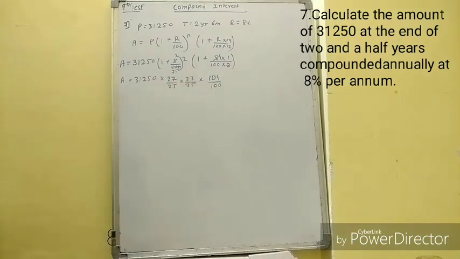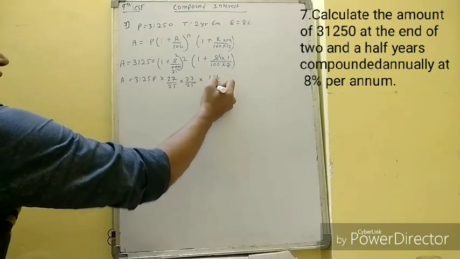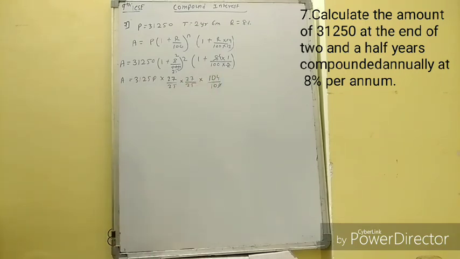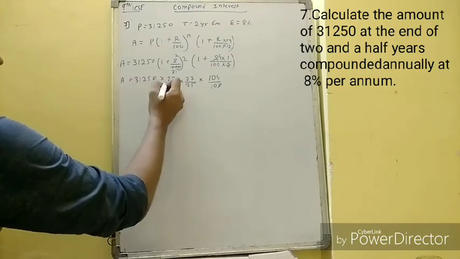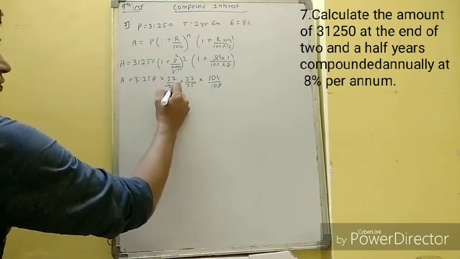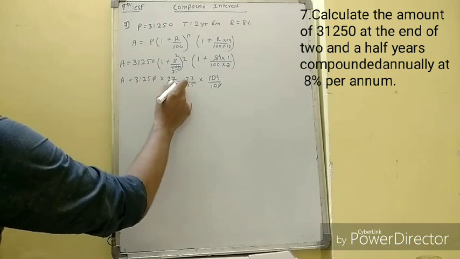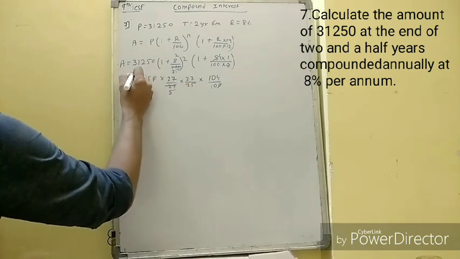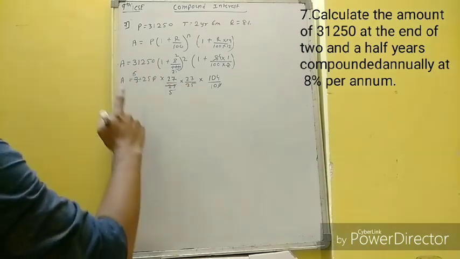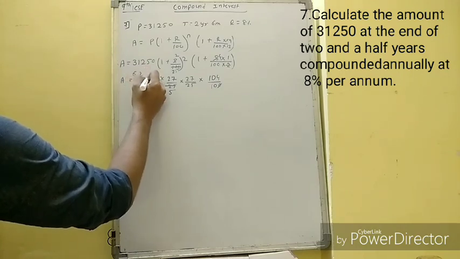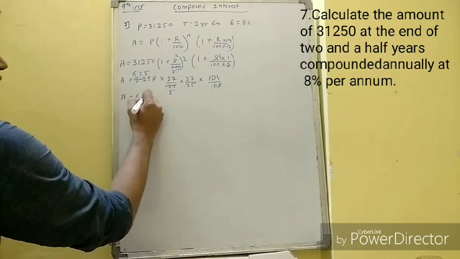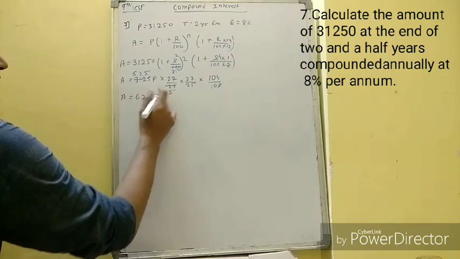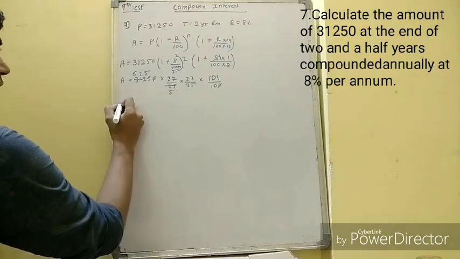The zeros will get cancelled over here. Both the numbers are divisible by 25. 5 5s are 25, 5 6s are 30, 1 5 2s are 10, 5 5s are 25. The amount is equal to 625 multiplied by, I will just write below.